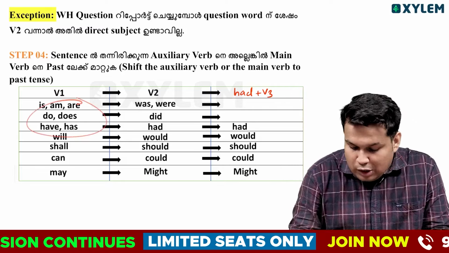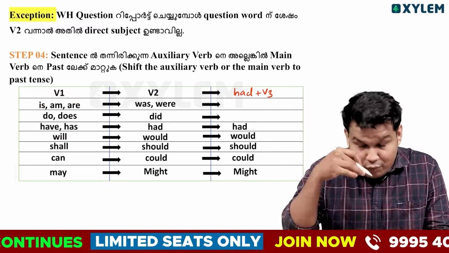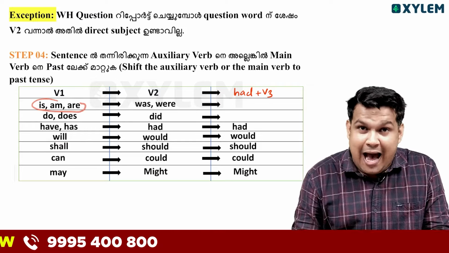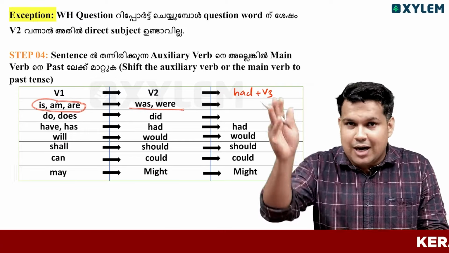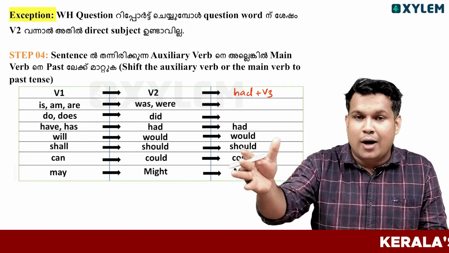And we will also discuss the conversion of auxiliary verbs. If it is am or are, it will be converted into was or were, depends on whether it is singular or plural. If it is singular, it is was. If it is plural, it is were. So is, am, are will be converted to was, were.